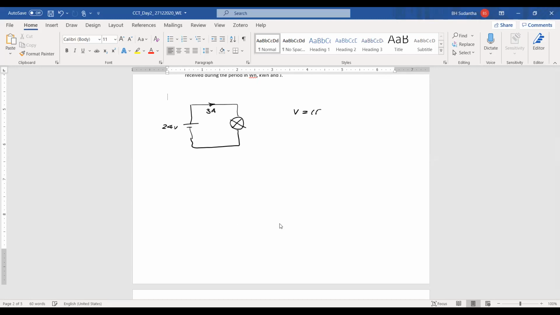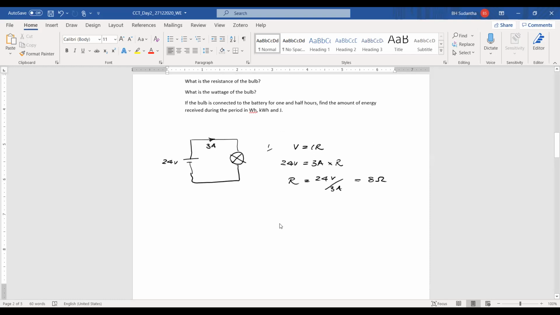Then using this Ohm's law, we can find R. This is 3 ampere, and we have to find R. And this is 8 ohms. Okay, first part, 8 ohms.